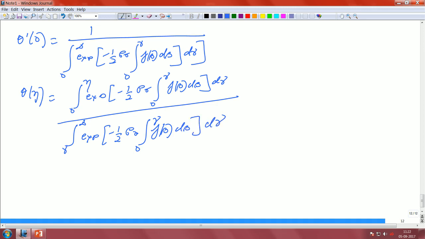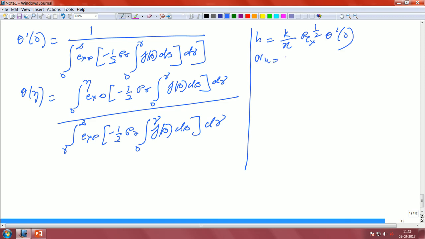So, these are the two expressions that you get. As we know from our scaling argument, h is nothing but, if we cast it in terms of x, Reynolds number to the power of half times theta prime at 0.